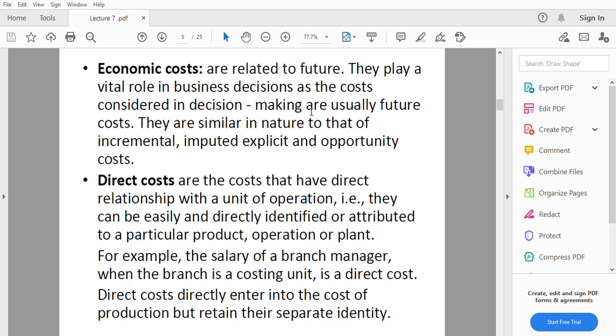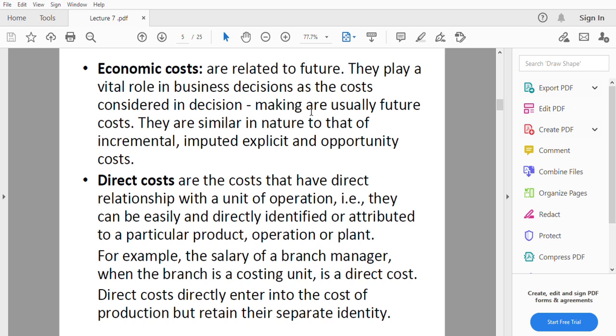So it's quite indirect, and it is not really a tangible cost, but it is more or less like what you are losing as a result of you not producing that particular thing and producing something else. That is the economic cost.